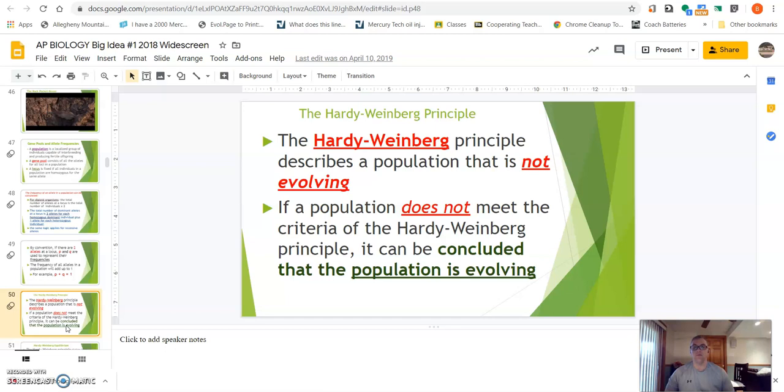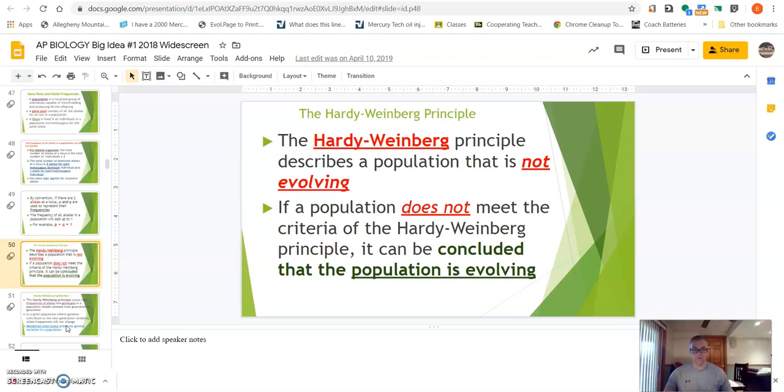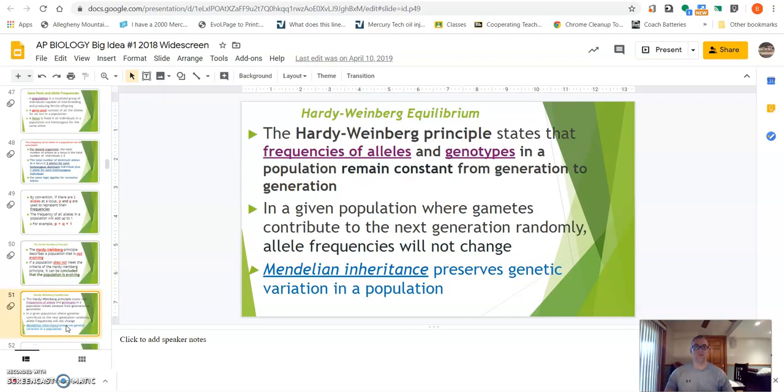If it fails to meet the criteria, we can therefore conclude that the population is evolving. So it's a way for us to look at a population and mathematically have some evidence that yes, there's evolution, or no, this population is not changing. So let's take a look at this.